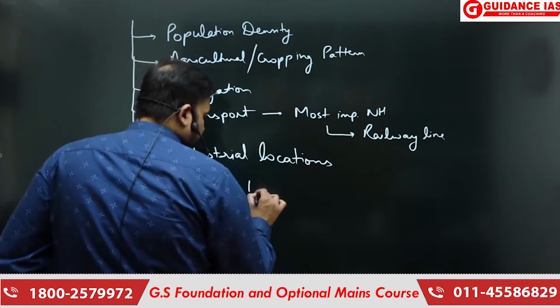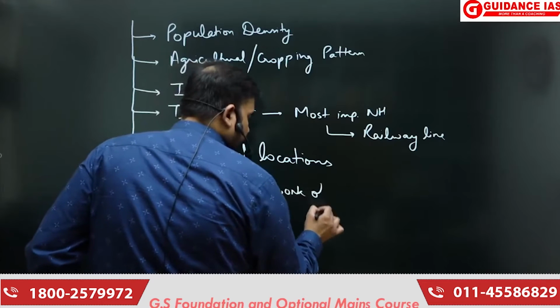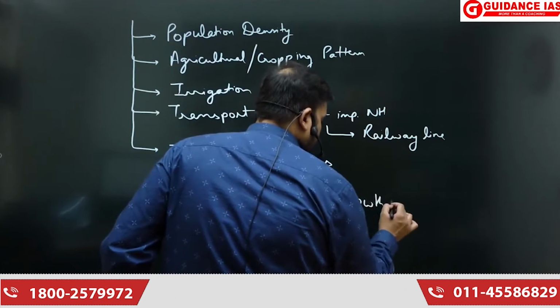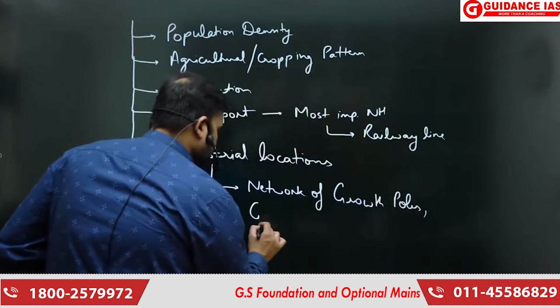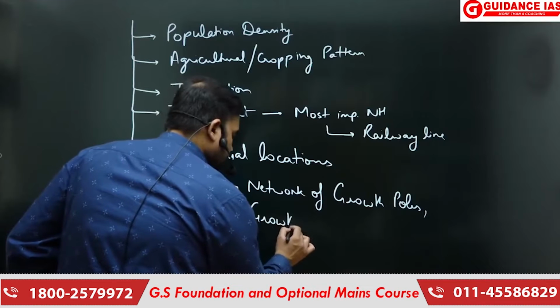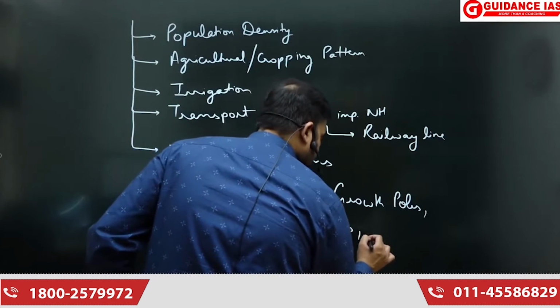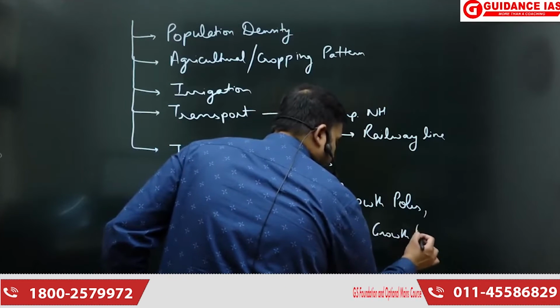On the basis of that, can I demarcate the network of growth poles, growth centers, and even growth points?